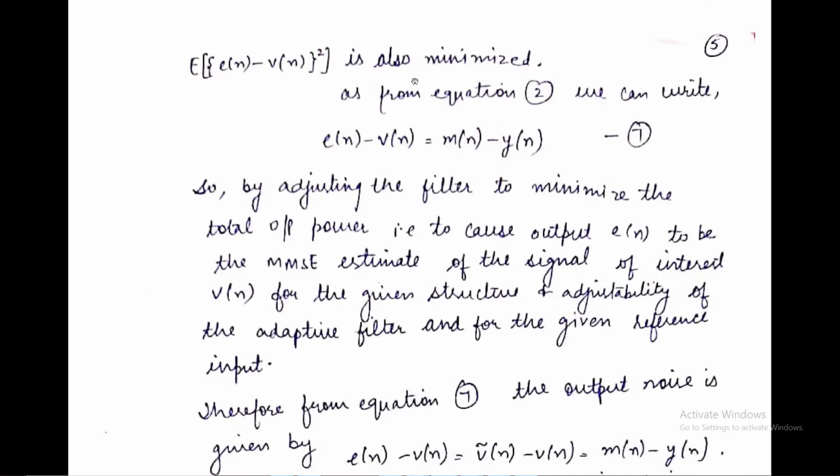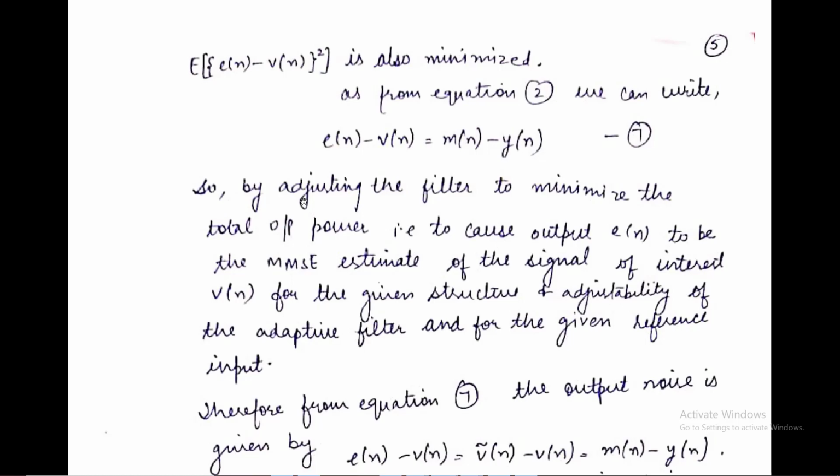So this is equation number 7. If you use it, you will get the expectation of (En minus Vn), which we are keeping instead of (Mn minus Yn) whole square, and that will also be minimized. So by adjusting the filter to minimize the total output power, we cause the output En to be Vn, or the minimum mean square estimate of the signal of interest Vn, for the given structure and adjustability of the adaptive filter and for the given reference input.